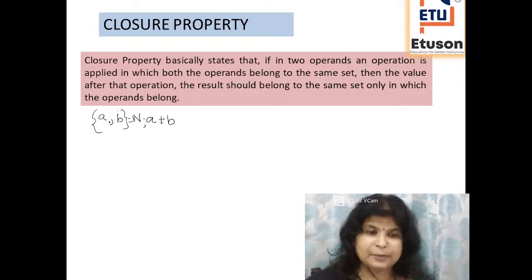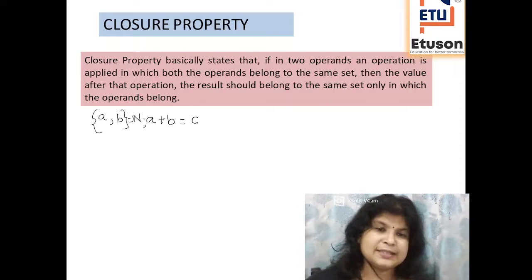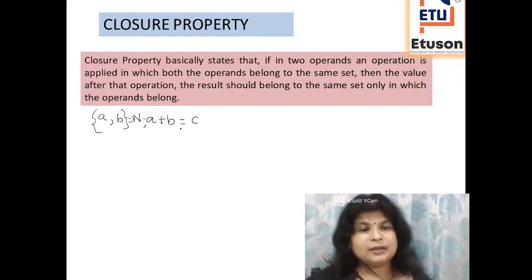If A and B belong to natural numbers, the resultant of the operation, suppose the resultant is C, should be a natural number.